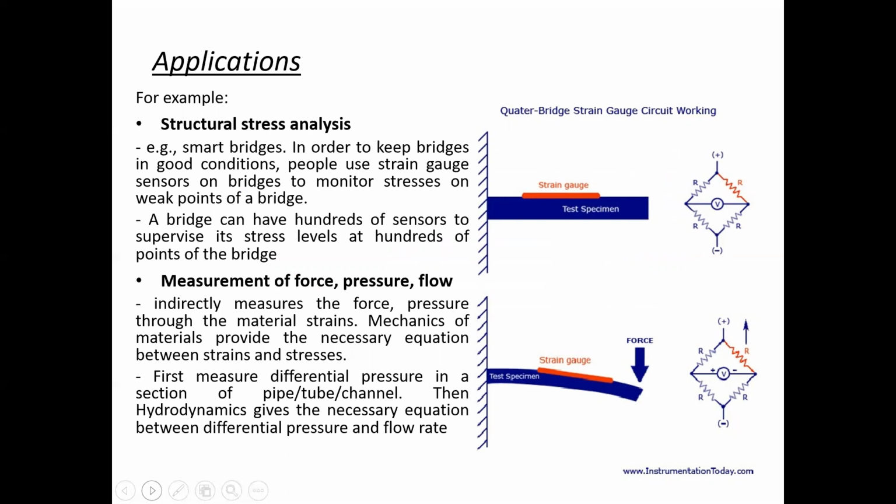For example, for smart bridges, in order to keep the bridges in good condition and monitor whether they are overstressed or not, strain gauges can be placed at the bottom of the bridges, so that if there is too much stress on the bridge, those incidents can be monitored properly.